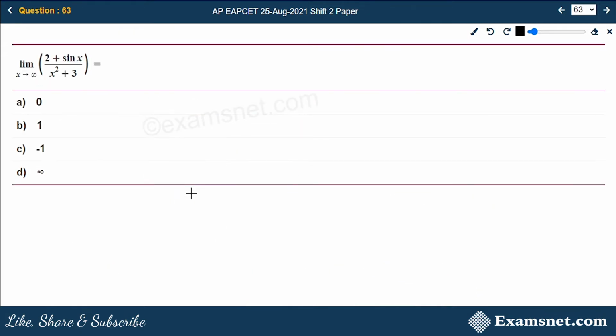Question number 63: you have to find the limit as x approaches infinity of 2 plus sin x upon x square plus 3. So this is an interesting one. See what happens in this case, you have a numerator and the denominator. I'll just consider 2 plus sin x first. You know the value of sin x always lies between minus 1 and 1.